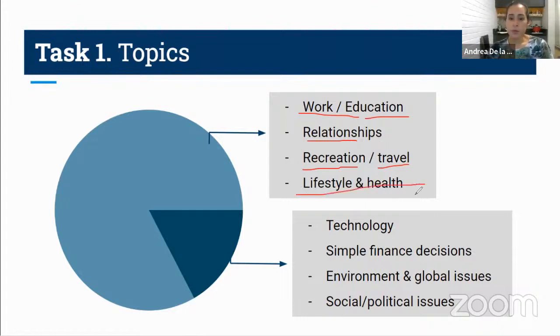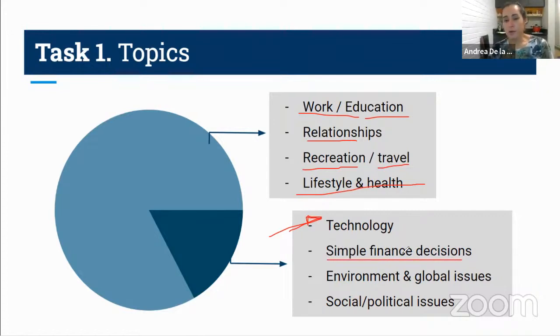Lifestyle and health, which is basically related to food, to diets, to working out, to lifestyle choices. And then obviously sometimes, not always though, they ask about technology. So the effects of technology, if you prefer using social media or not, things like that, electronic devices, finance decisions, but very simple finance decisions.